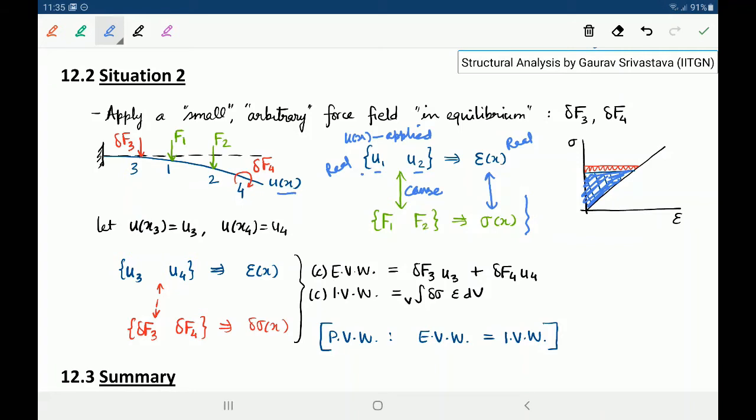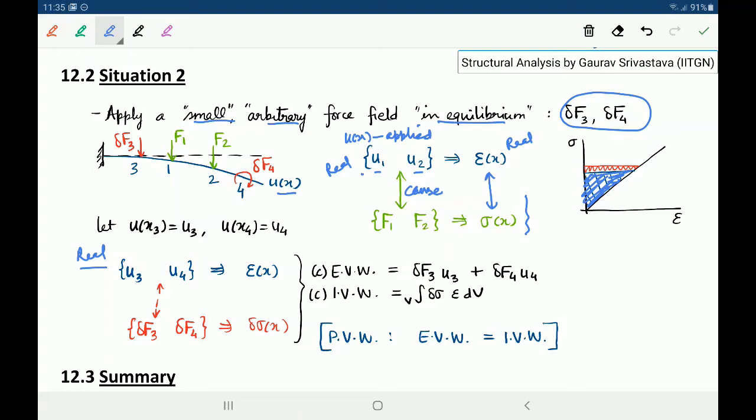And in a similar way, let's say the displacement field is already applied. So this is the real displacement field which is geometrically compatible, but we apply a small and arbitrary force field which is in equilibrium. So these additional forces are arbitrarily small, of arbitrary magnitude, but are in equilibrium.